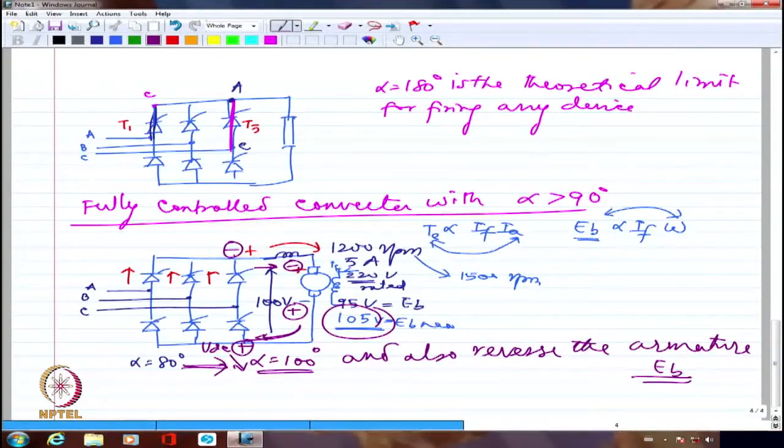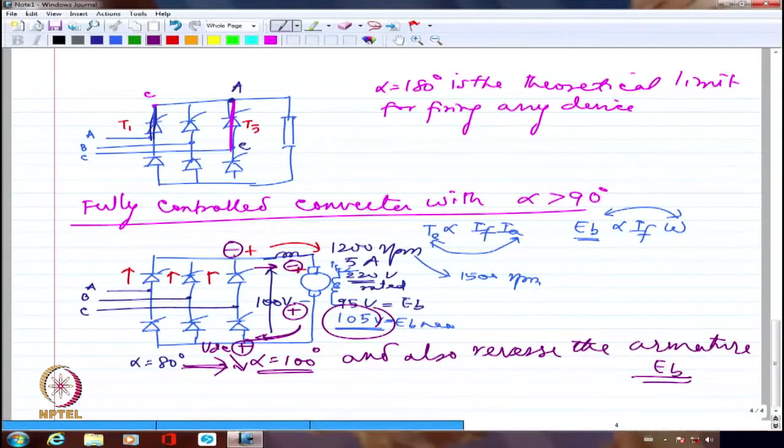Because the voltage has reversed and the current direction has not reversed, you are essentially looking at, instead of the AC power being fed to the DC motor drive, the DC generated power from the machine being fed to the three-phase supply. I have only thyristors which can conduct only in one direction. So I can't afford to change the current direction. I cannot change the current direction even if I want to.